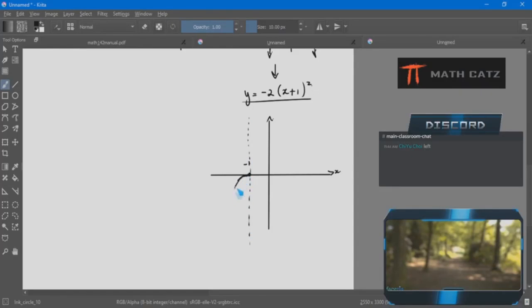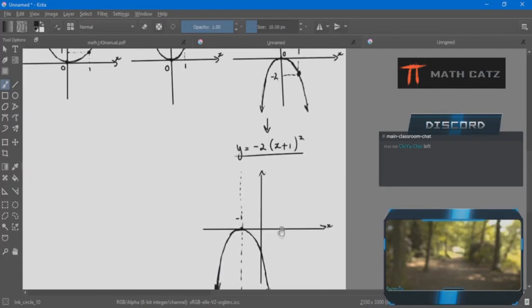And now I can draw my parabola. This one is not the greatest parabola I've ever done, but I'm just going to go with it. It's a little wobbly here, right? My point that I kept track of is now sitting right on the y-axis because I shifted by 1.